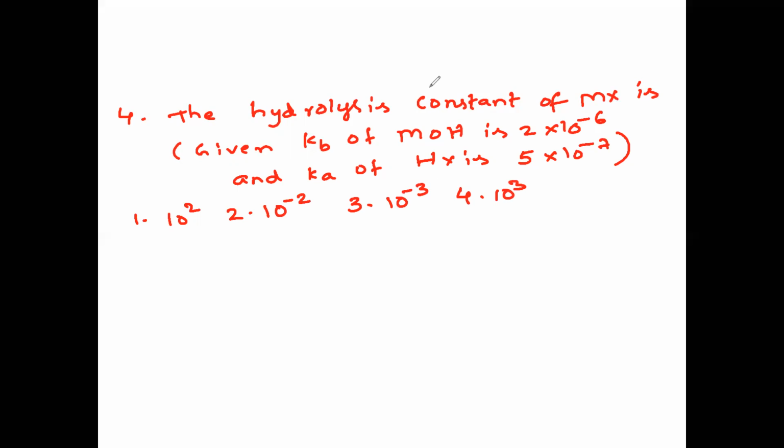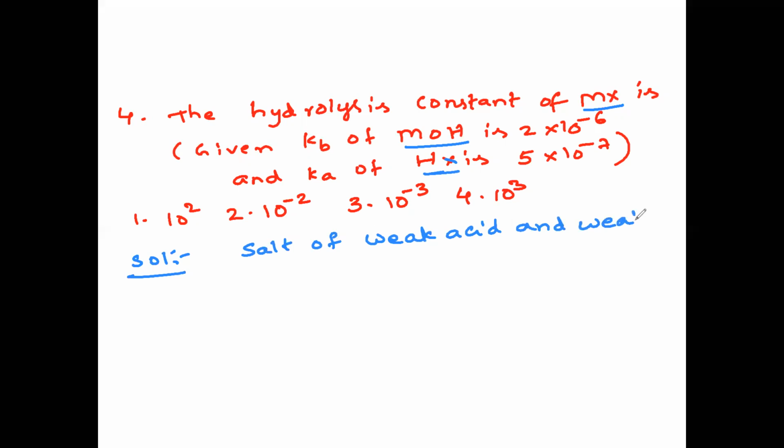Now for this, I'll do the solution. They have not given the salt, just a salt of type MX. M can be the cation, X minus will be the anion. They have given MOH as the base and HX as the acid. Since they have given Ka and Kb values, this should definitely be a salt of weak acid and weak base.